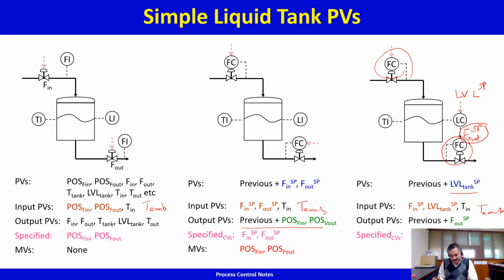Well, the operator is specifying again two things: flow in and tank level set point. Notice, regardless of the situation and the control system, the operator is always specifying two things. Here it is the valve position, here it is Fin and Fout set points, and here it is Fin set point and level set point.